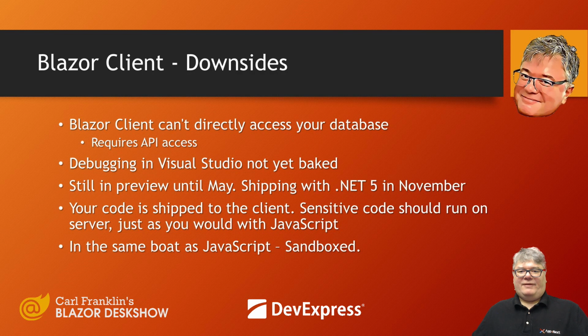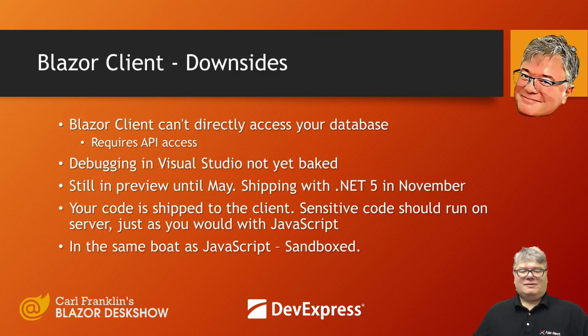What I mean by that is, in May, the plumbing code behind a WebAssembly application will be baked. Right now, they still are deciding on a few things and trying to get other things to work with it, so the plumbing code might change. But here's the thing, the component model is baked.